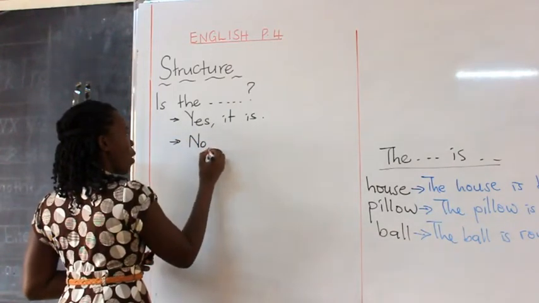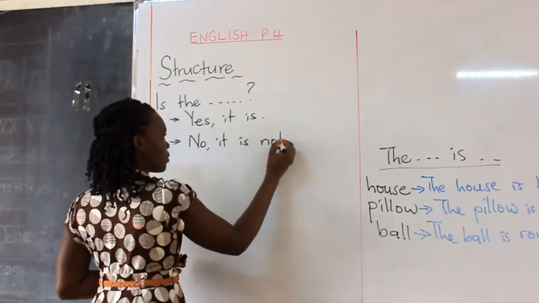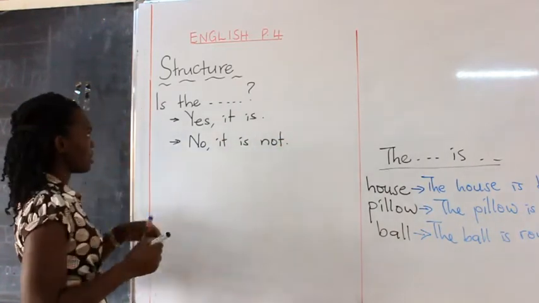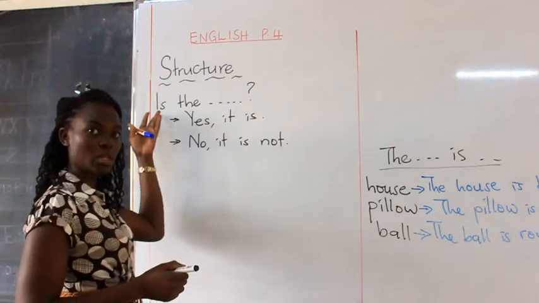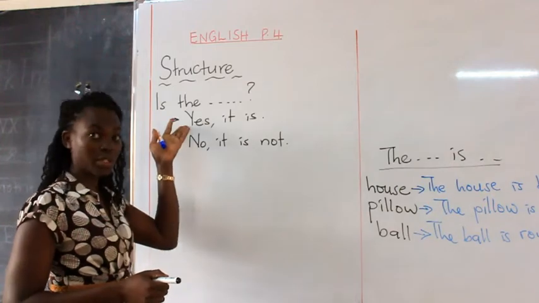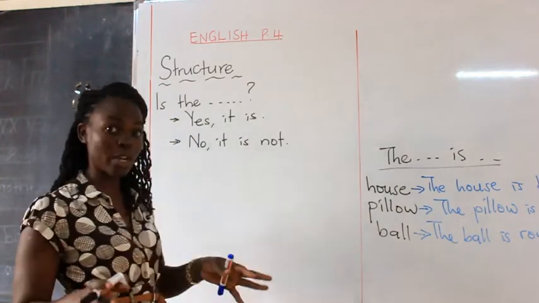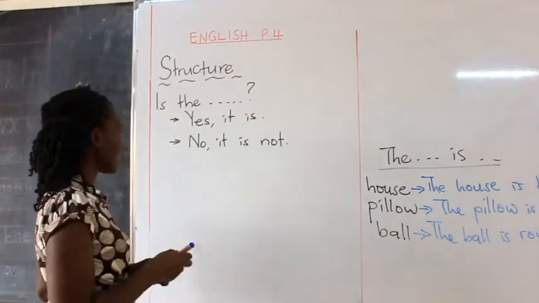So, we have our structure, which is a question, and then we have the responses. One of the responses could be a positive one, and then the other could be a negative one, depending on what you have been asked. Examples.